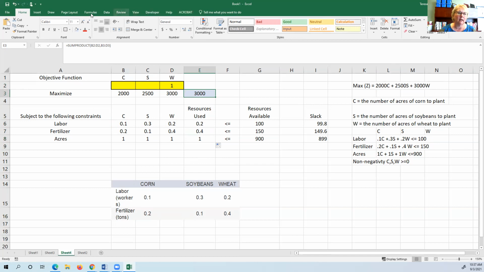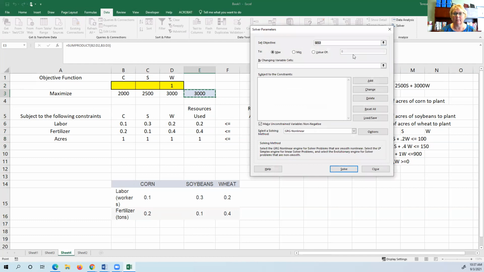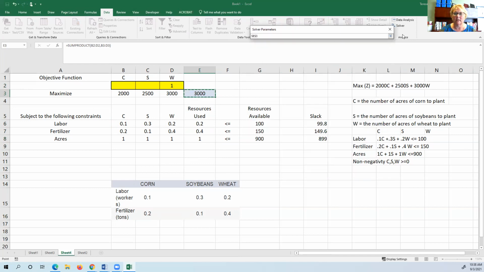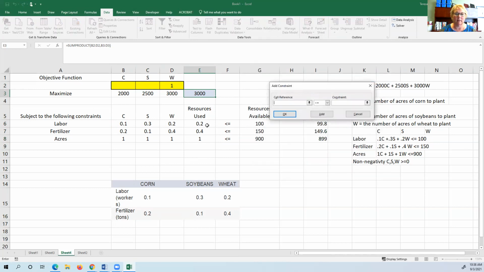We're going to go Data, Solver, maximize by changing these cells, and adding the constraints that the resources used have to be less than or equal to the resources that are available. And we're going to say okay.